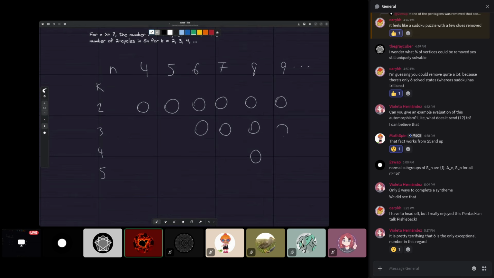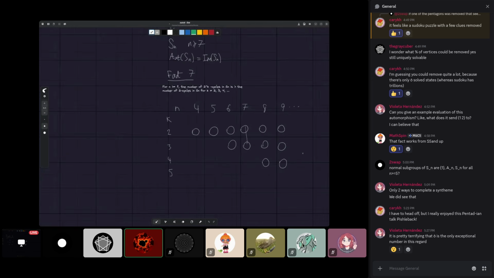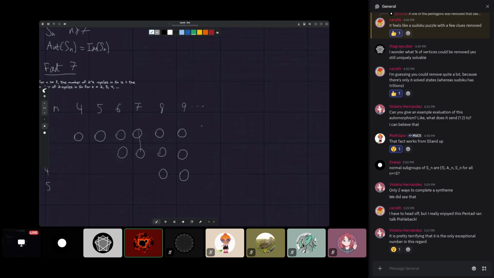In S4 you've got 2 squared cycles and that's it. In S5 you've got 2 squared cycles and no more. In S6 you've got 2 squared and 2 cubed. In S7 you've got squared and cubed. In S8 you've then got 4th power ones and 5th power and so on. And so the circles we need to tick off go on in this pattern. You step up by 1 every 2 you go along.